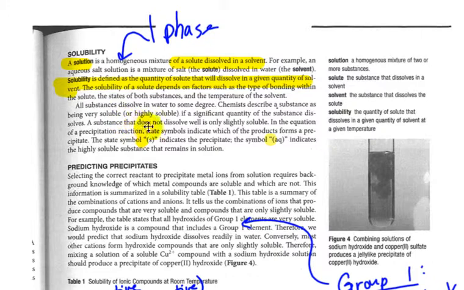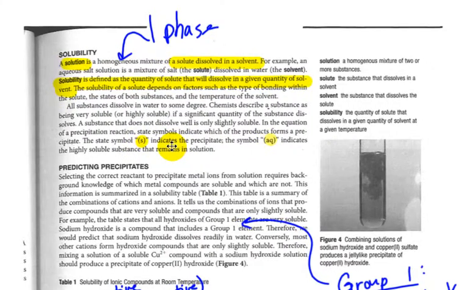A substance that does not dissolve well, so for example it exists as a solid in a solution, is referred to as slightly soluble. In the equation of a precipitate reaction, this symbol (s) refers to the solid or the precipitate. If it dissolves, it's (aq), aqueous, meaning that it dissolves.